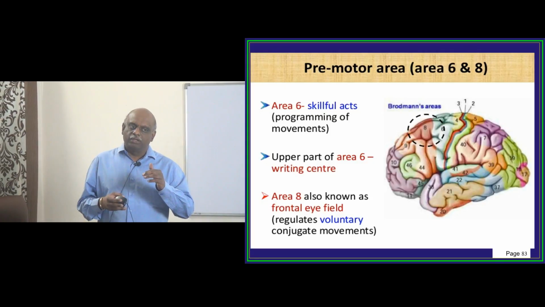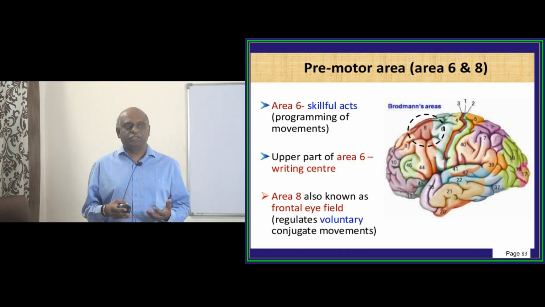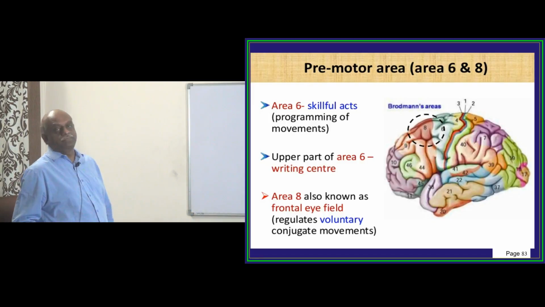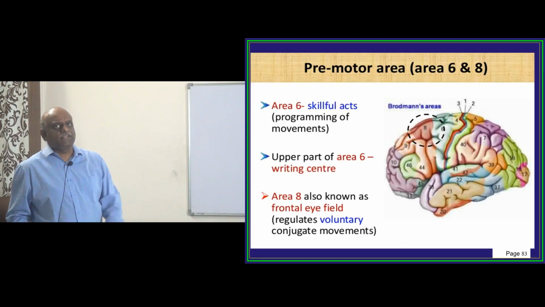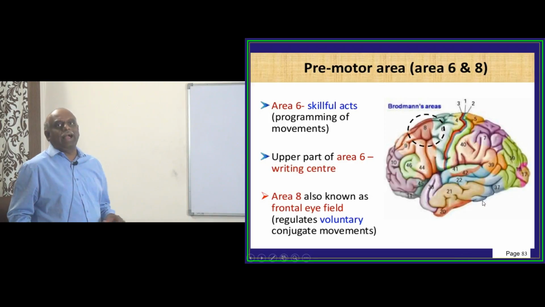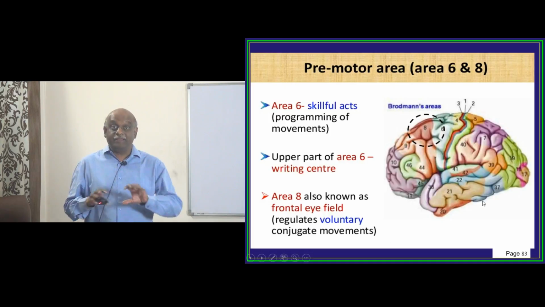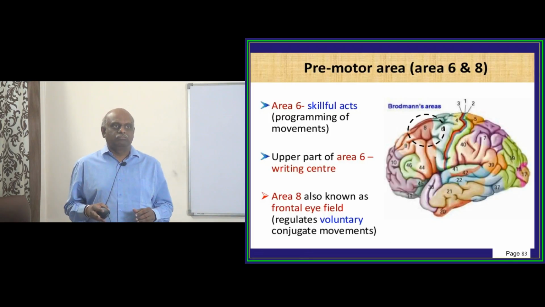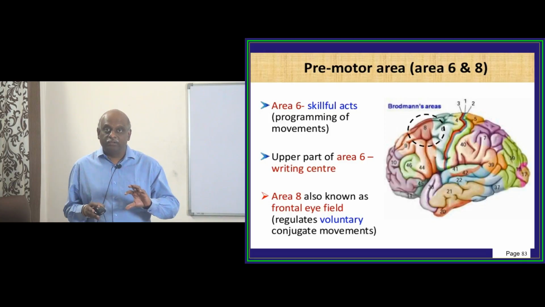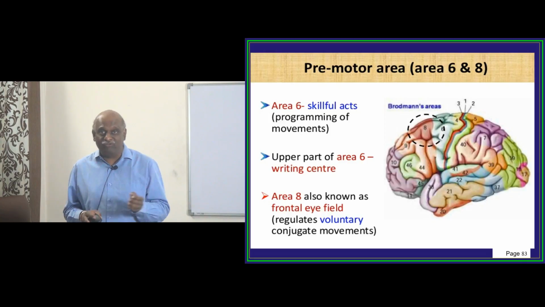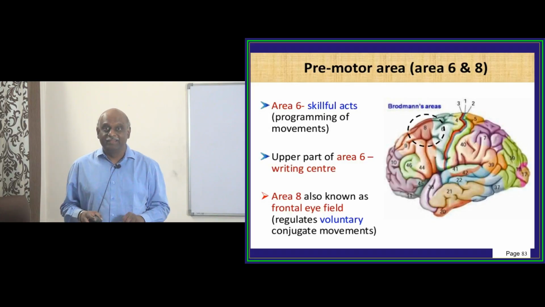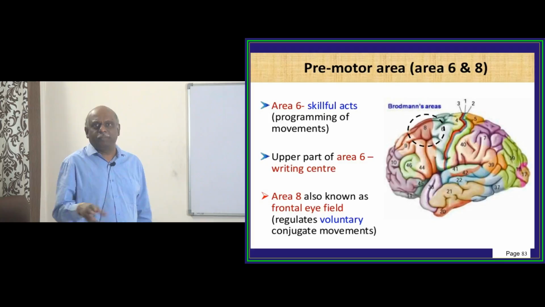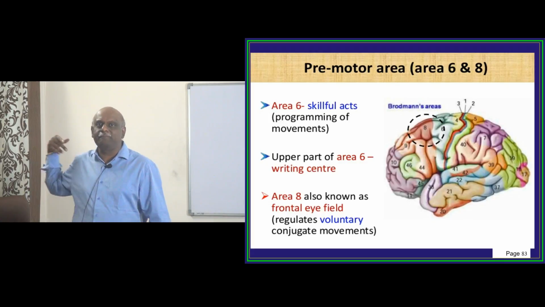Then there are premotor areas 6 and 8. What is their importance? Area 6 is for skillful acts, like the programming skills. Like some people are very good in playing violin, some are good in painting. Some people, without even a little shivering, can operate, go to the finest places and come back.